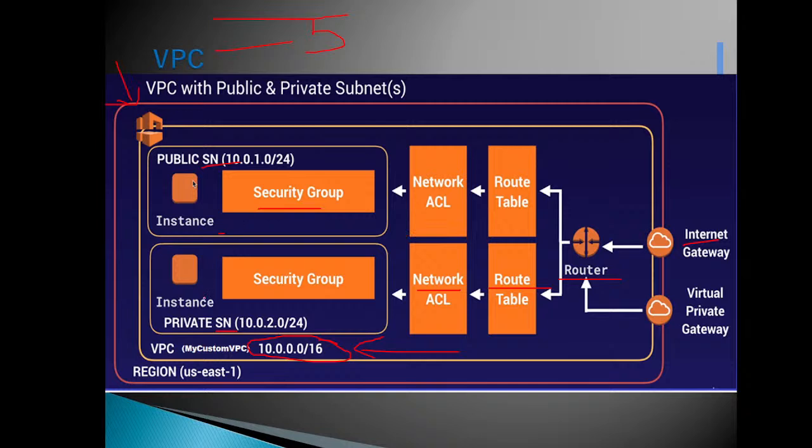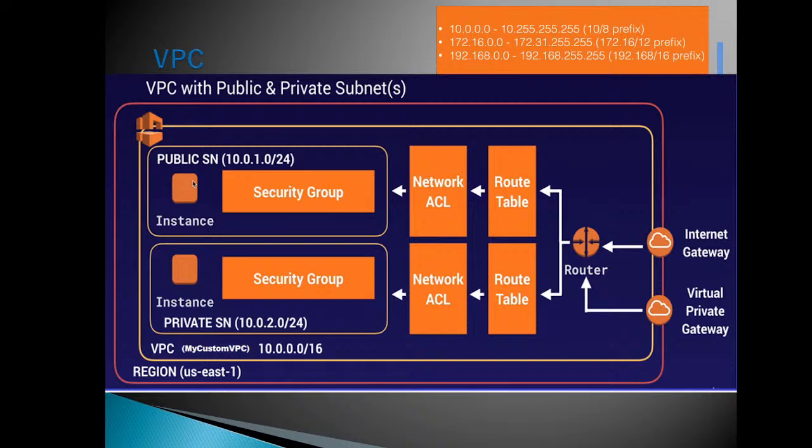Next is the instance and the subnets; we are going to get into more detail. You can see the public and private subnets. We will talk about all of these in detail, and step by step I am going to add the components in the VPC. But just have a look and try to understand what it is and how we are going to create it. We will see that.